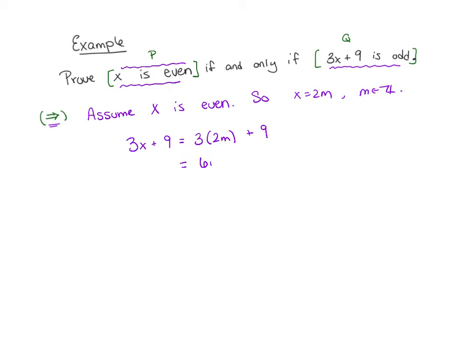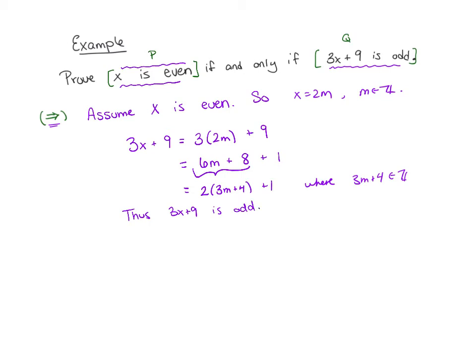So I'm going to write that as 6m, and I'm going to pull off a plus 1 from this so that I'm ready to put it in that odd form. I notice my first two terms have a factor of 2. So I get 2 times (3m plus 4) plus 1, where 3m plus 4 is an integer. Thus, 3x plus 9 is odd, which is what we wanted to show.